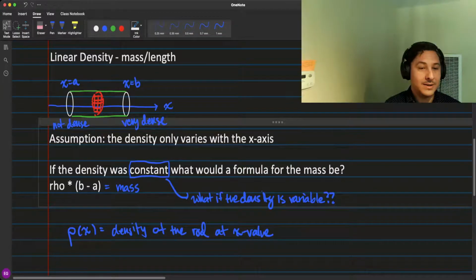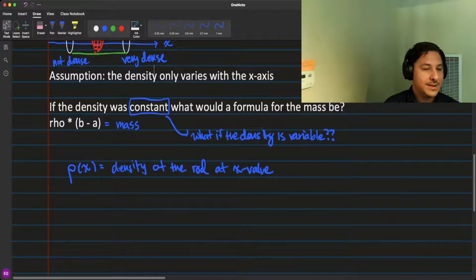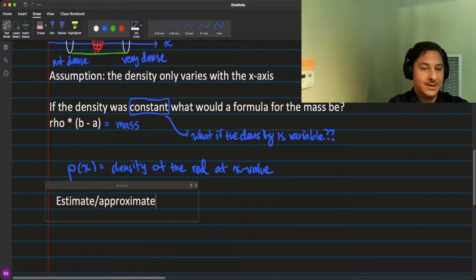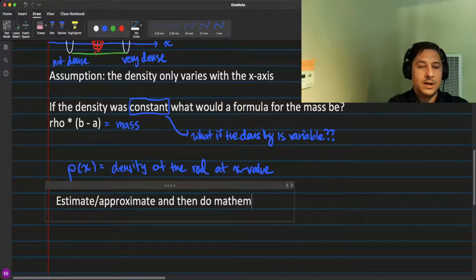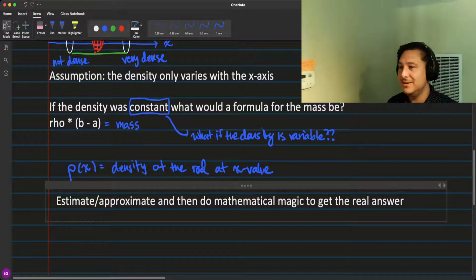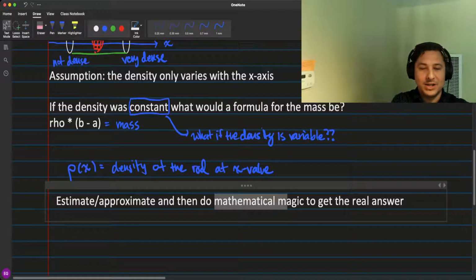So, how do we always solve these problems? We estimate or approximate, and then take a limit. That's basically what integration is. You're like, let's just estimate it, I'll take a limit, and then something will happen and I'll get the right answer.